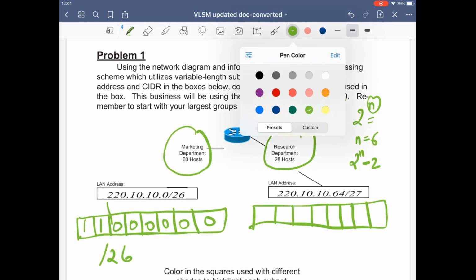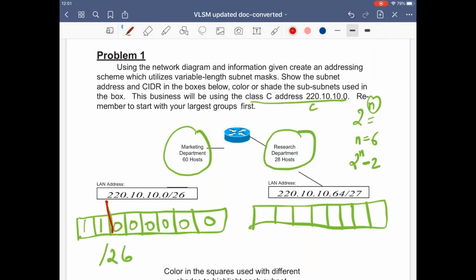That is for the first network. The broadcast ID will be 220.10.10.63.